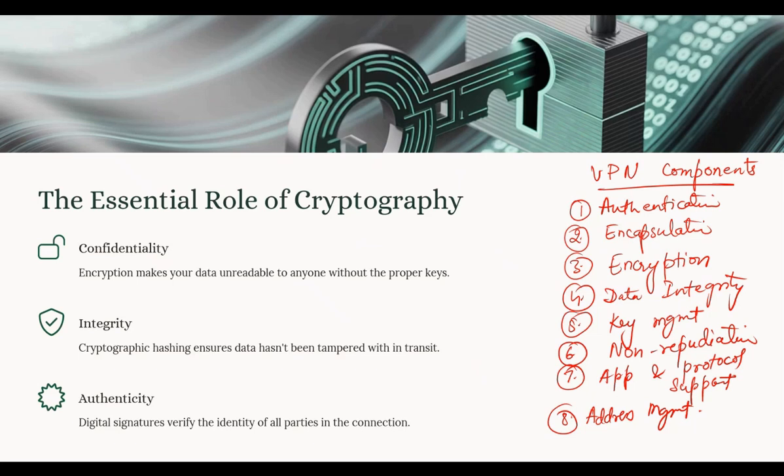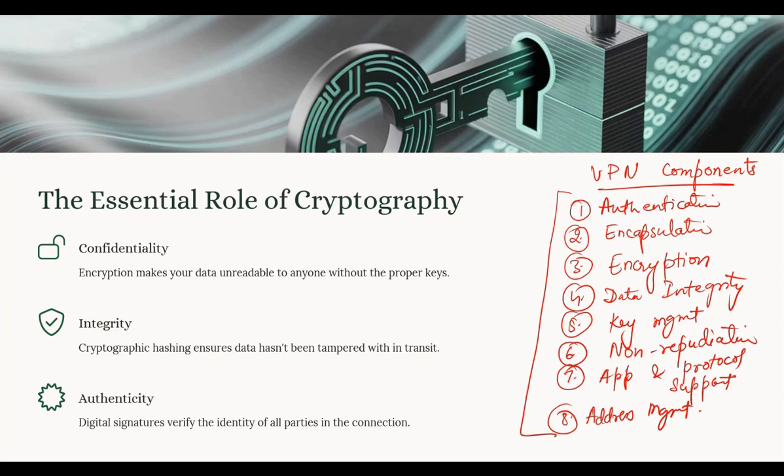So we cannot keep track of all the IP addresses. That is where address management can be one issue, so that has to be addressed. And this all comes under the VPN component. So these are all different components that are part of the VPN infrastructure, working, and processes.